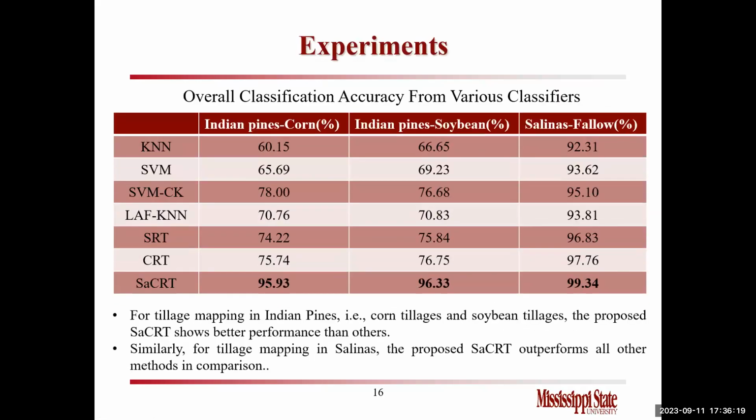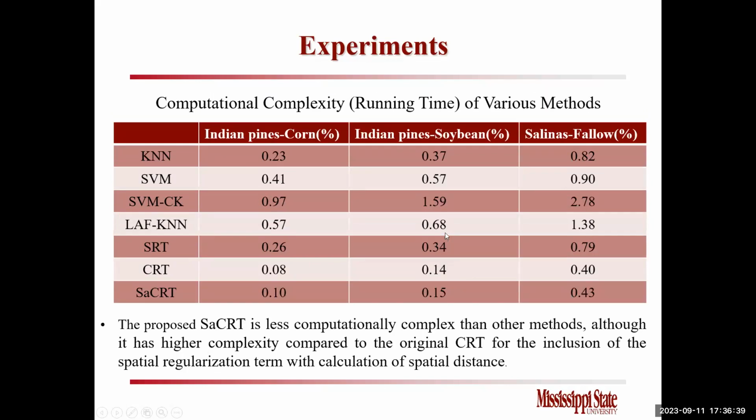Oh, I think I missed this one. We also calculate the overall classification accuracy for different classifiers. You can see that CRT's performance is pretty similar to SVM with CK, which means composite kernel. We use two kernels, one spectral and one spatial.